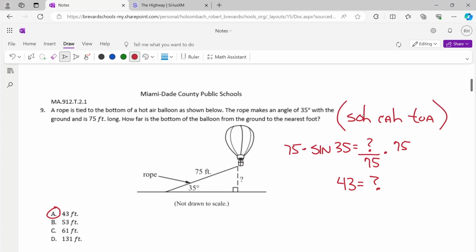A lot of problems were missed throughout the school year when students used the wrong trig ratio. And each time that I looked at the paper when they missed the problem by using the wrong ratio, they didn't have SOHCAHTOA written on their paper. So just write it on your paper. You know how to do the work after that.